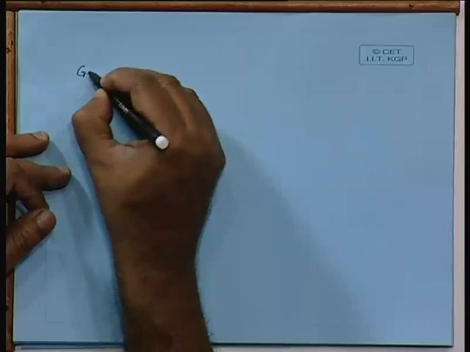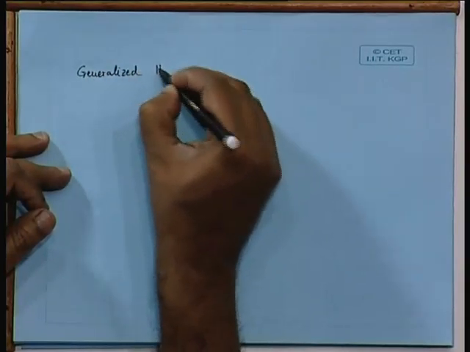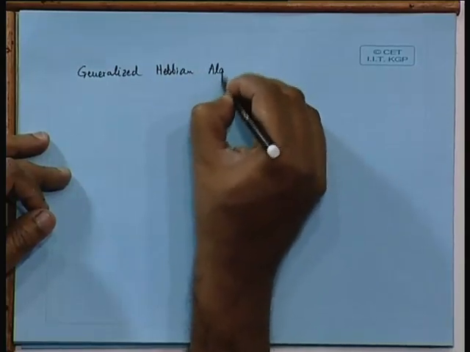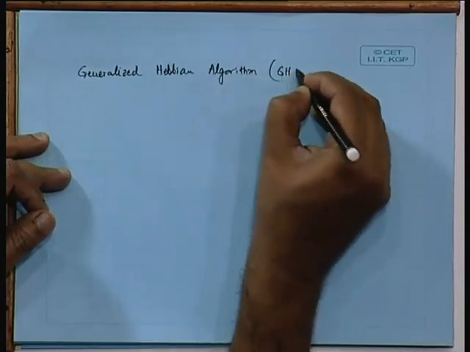Now we are not going into the detailed analysis of the generalized Hebbian algorithm, but I am just presenting you the result of the generalized form of the Hebbian learning. So, what we are writing now is a generalized Hebbian algorithm, in the short form written as GHA.